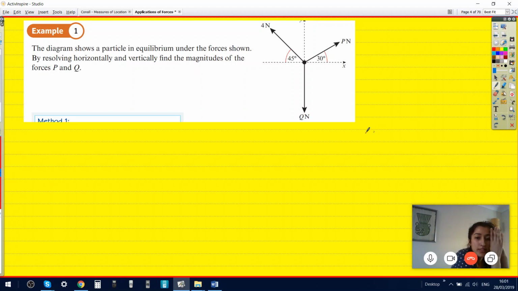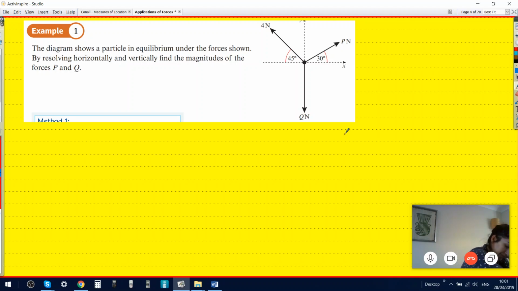The diagram shows a particle in equilibrium under forces. Find the magnitudes of the forces P and Q by resolving horizontally and vertically.